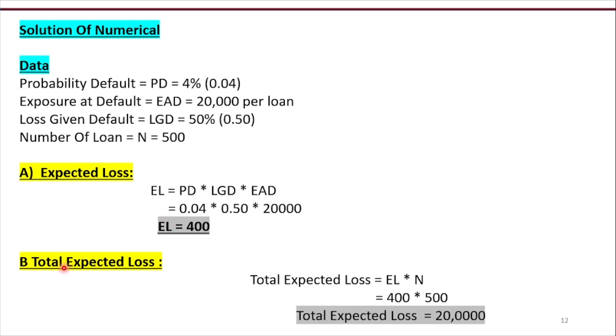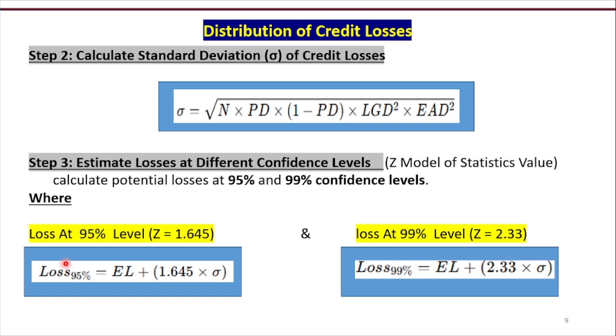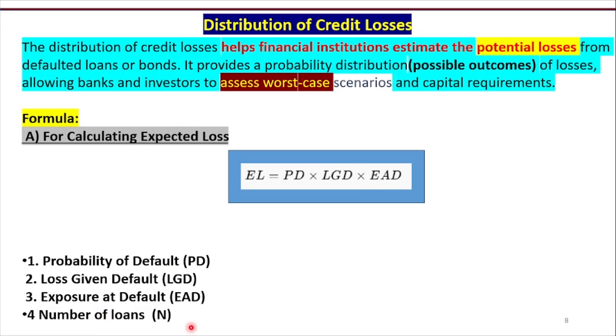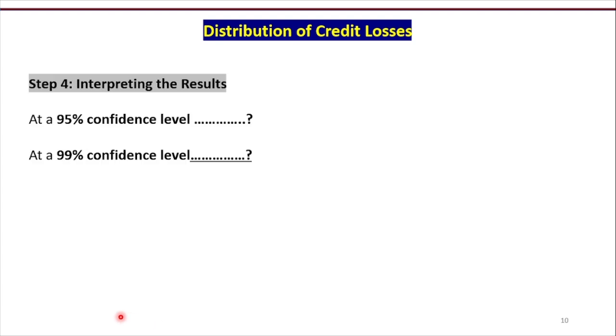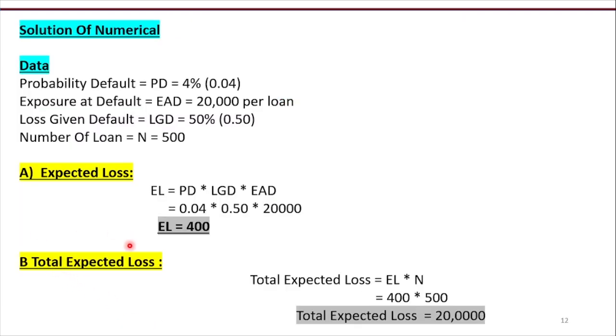The second part, B, wasn't present before, but I told you we are going to use the number of loans, n, here. The answer we get from EL, the expected loss, we simply multiply by the number of loans.